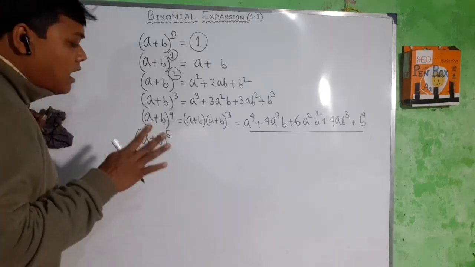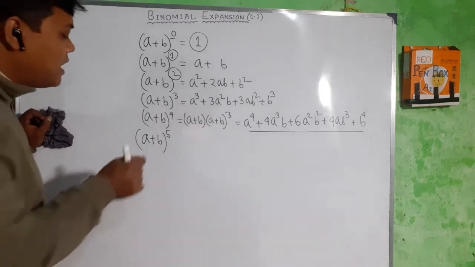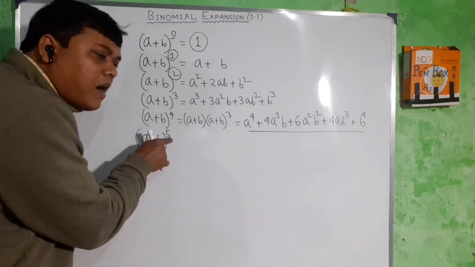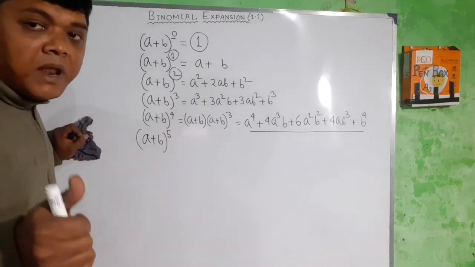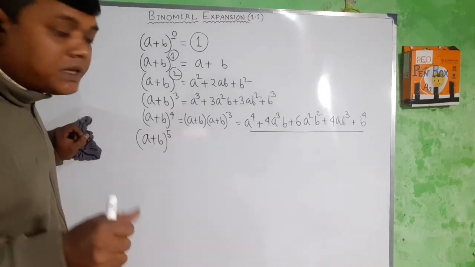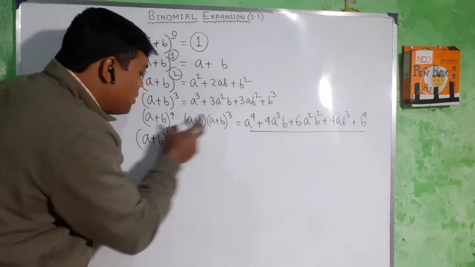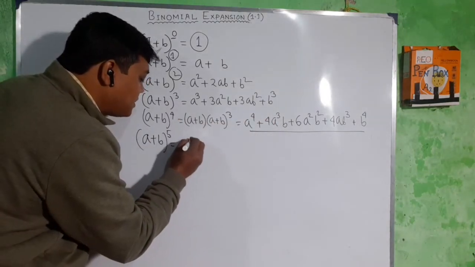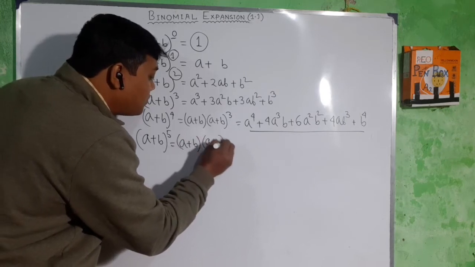How many terms are present there? Since the index is 5, the number of terms is always n plus 1, that means 5 plus 1, that is 6. You have already calculated a plus b whole to the power 4, so just multiply a plus b and a plus b whole to the power 4.